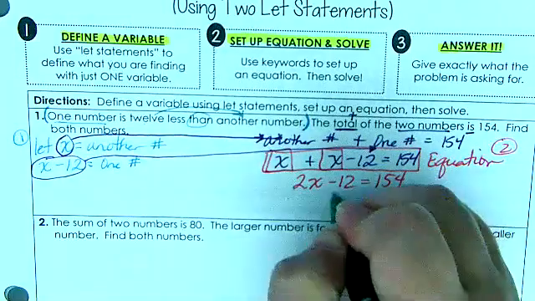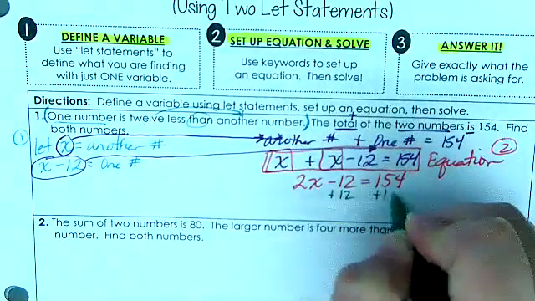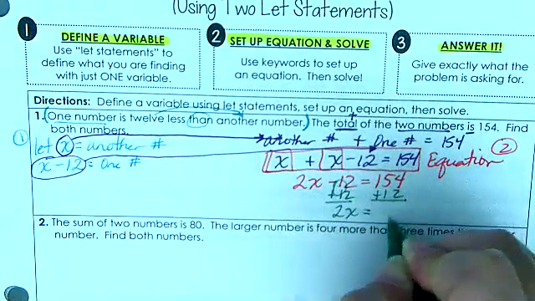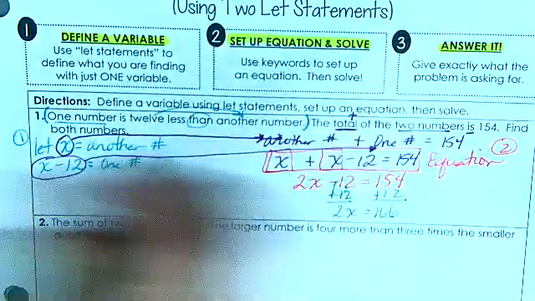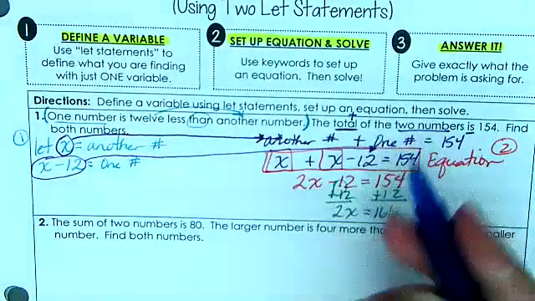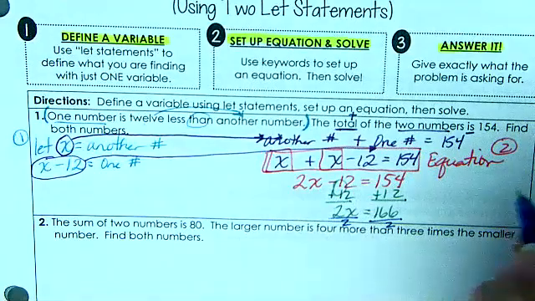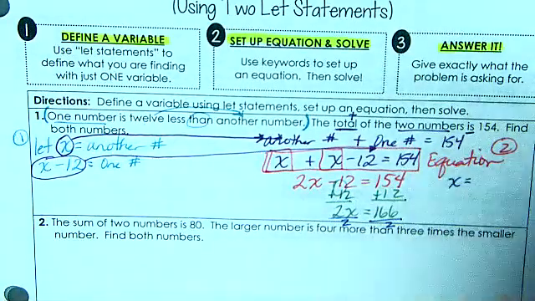Since I'm subtracting 12, I'm going to add 12 to both sides, and I end up with 2x equals 166. Divide by 2, divide by 2, and I get x equals 83.